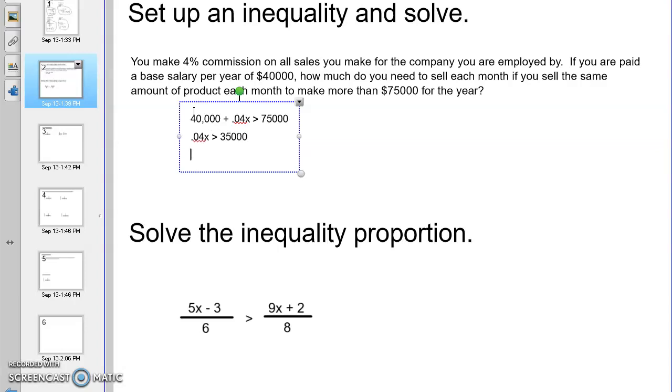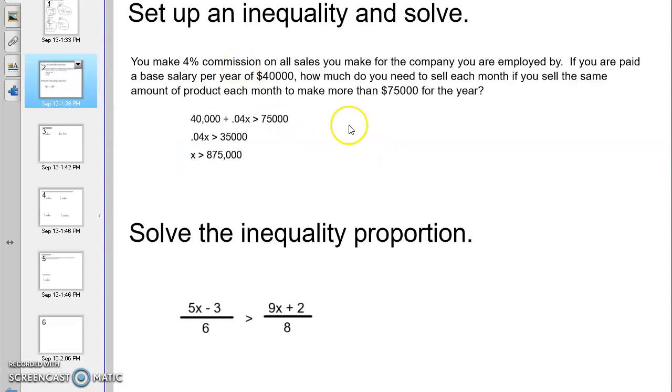We do 35,000 divided by 0.04, and that leaves us with 875,000. So if you want to make more than 75,000 for the year, you need to sell $875,000 worth of stuff, because 4% of that will get you to the extra 35,000 you need.